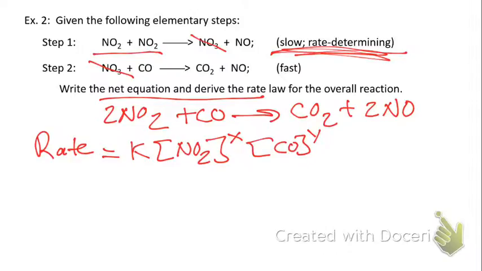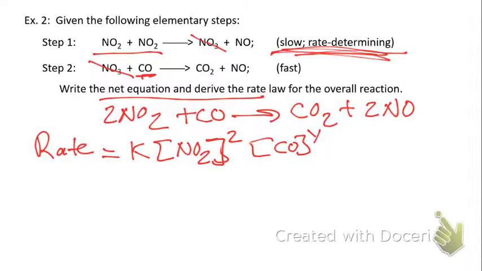That tells us that NO2 must be second order. Now, since CO is in the second step and is not dependent upon anything, CO has nothing to do with the rate of the reaction.